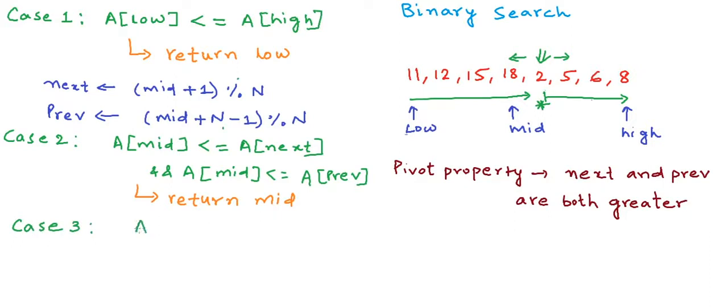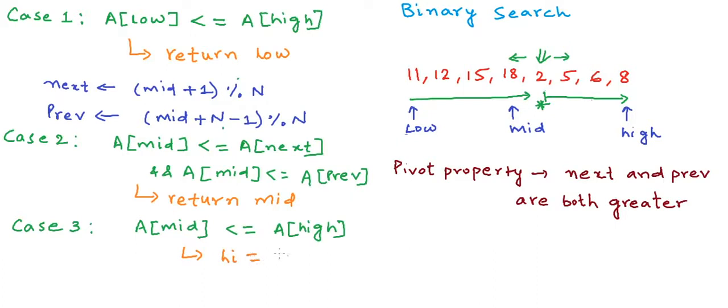If the element at mid index is less than or equal to the element at high index, then the segment starting at the mid index and extending right till the high index, this whole segment is sorted and the pivot cannot exist in the right segment. So in this case we will say that we need to search for the pivot in the left half.